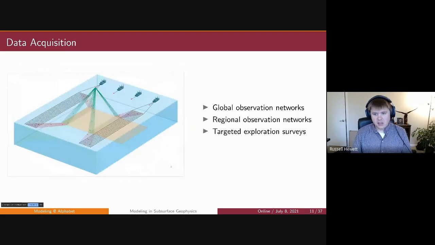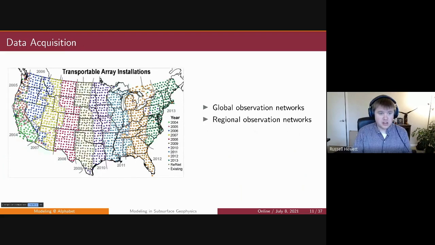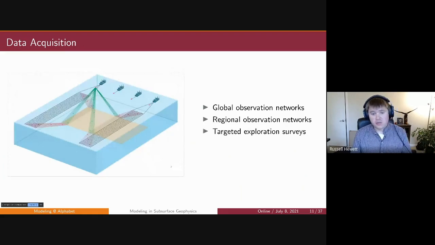And then at the exploration scale, you have a whole variety of options. You could have fixed arrays like you do in this case, or you could have mobile arrays like it's illustrated in this cartoon of a wide azimuth marine survey. So what you're seeing in this is there's 4 boats. Each of those boats has a little red dot after it. That's essentially the source off of those boats. So they're using multiple sources.